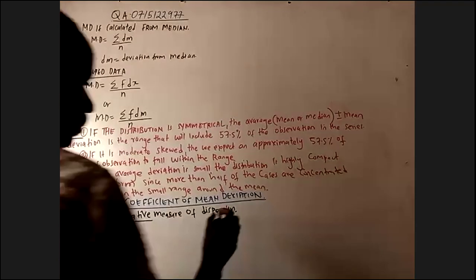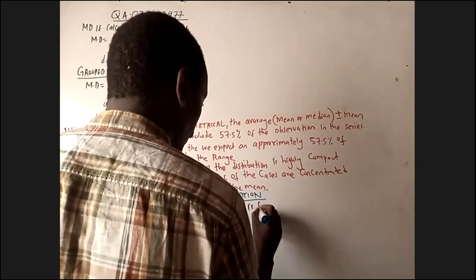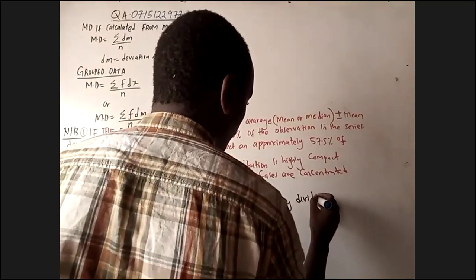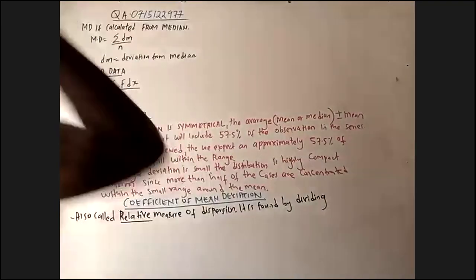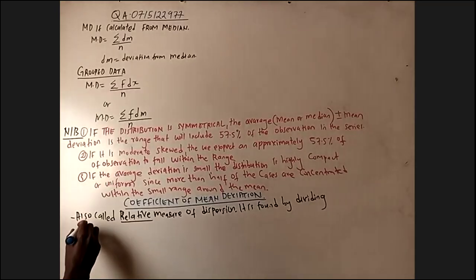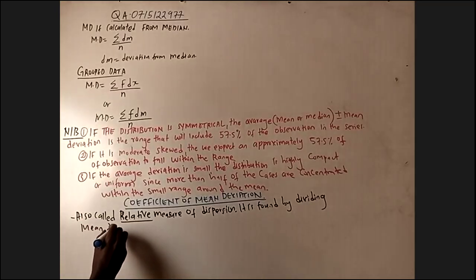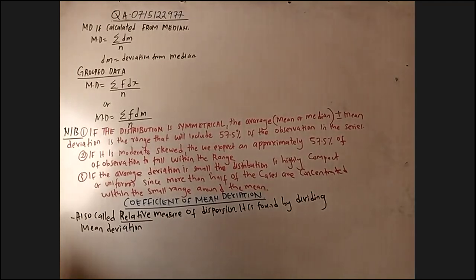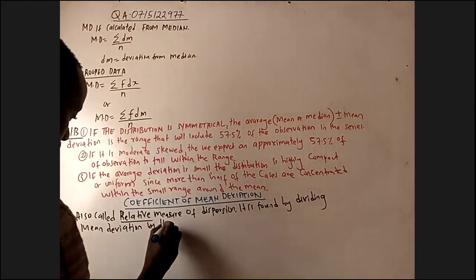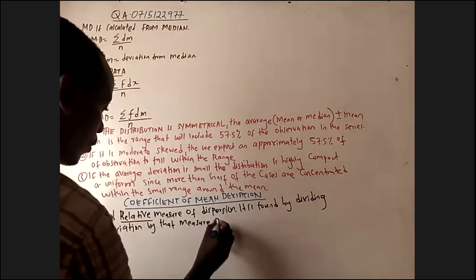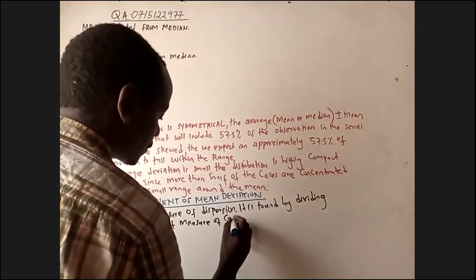It is found by dividing the mean deviation by that measure of central tendency, or the average.